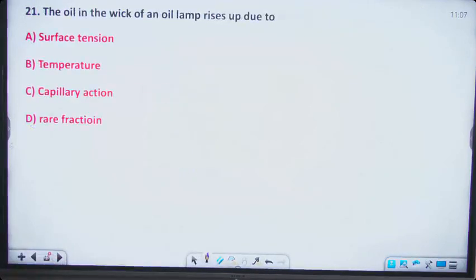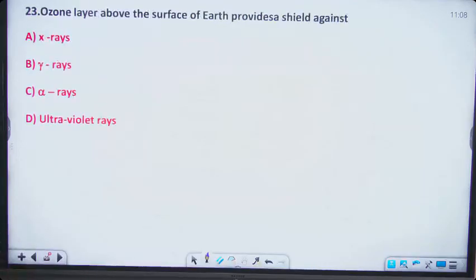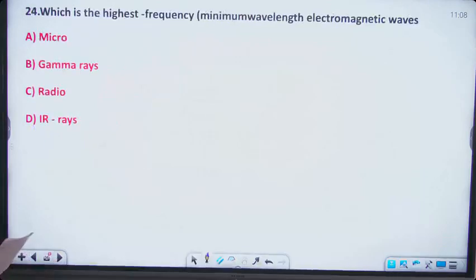Then the oil in the wick of an oil lamp rises due to capillary action. A solid needle placed horizontally on the surface of water floats due to surface tension of water. The ozone layer above the surface of Earth provides a shield against ultraviolet rays, which is having highest frequency or minimum wavelength.